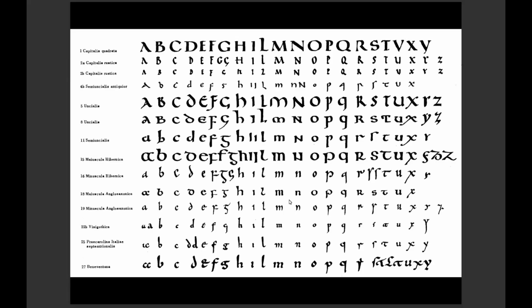Once again, going back to typology, paleographers looking at a table of scripts like this would tend to go downwards and use those different letter forms for the purpose of identifying a type, a script, and then dating it and so on.